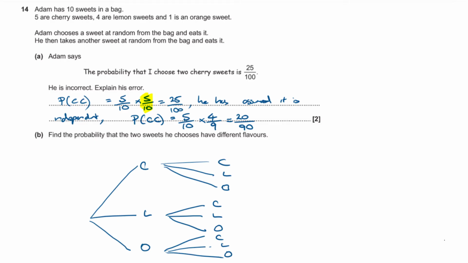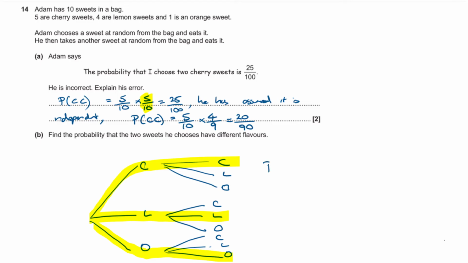It'd be quicker to work out the choices where they're the same and subtract it from 1, I think, because there's only 3 of those. So rather than working out the probabilities that they're different, I'm going to work out the probabilities that they're the same, like that one and that one, and then take it away from 1.